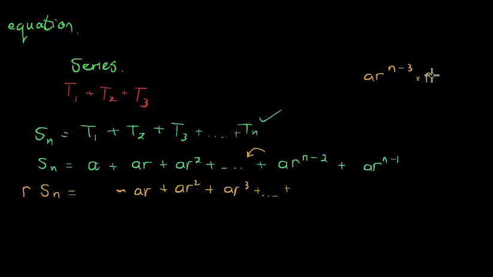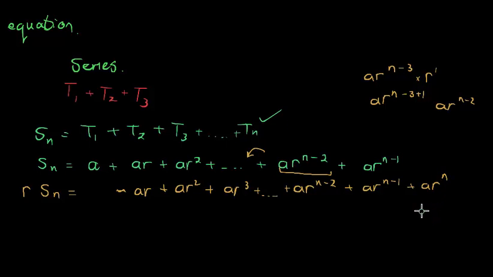And if I multiply it with r, I would have AR^(n-3+1), because I add exponents, isn't it? And that becomes AR^(n-2). If I take this one and add another r, I would get AR^(n-1). And then I take this one and add another r and I get AR^n.